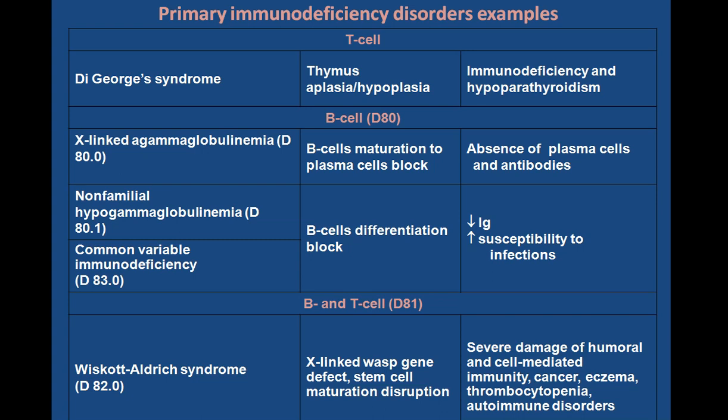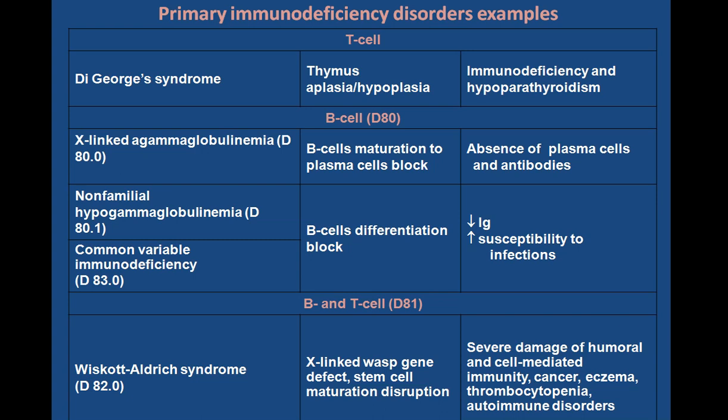Then B cell disorders, X-linked agammaglobulinemia, D80. In this case, we can find a block of B cell maturation to plasma cells. As a result, there will be an absence of plasma cells and antibodies.